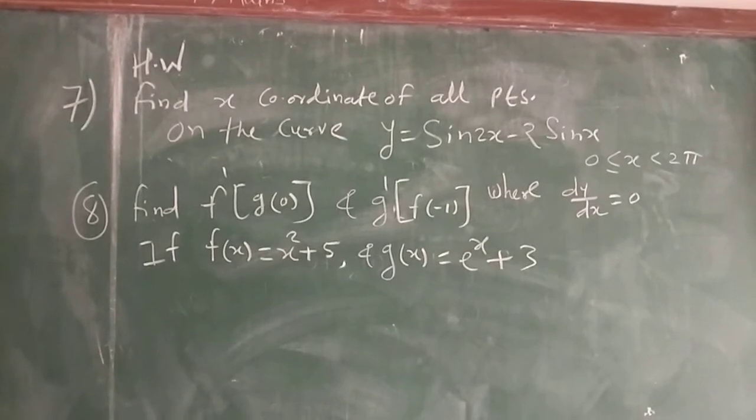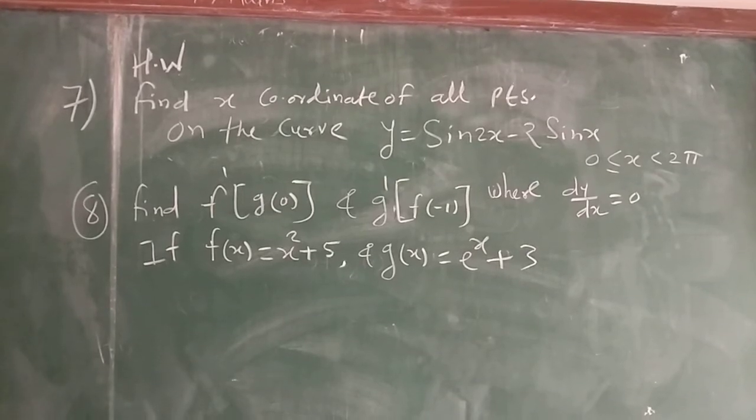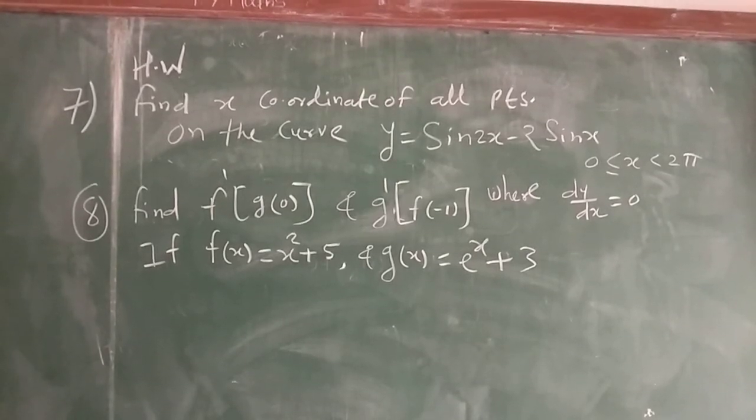These two examples for homework, that is f dash g of 0.